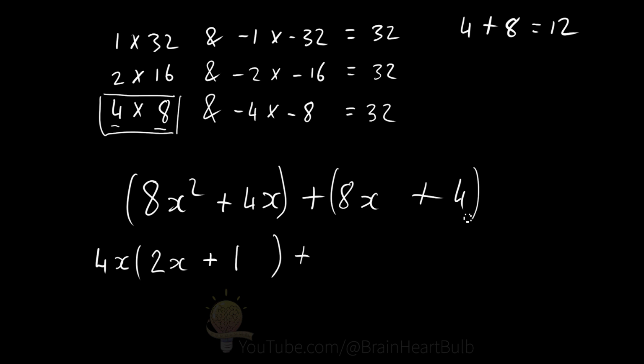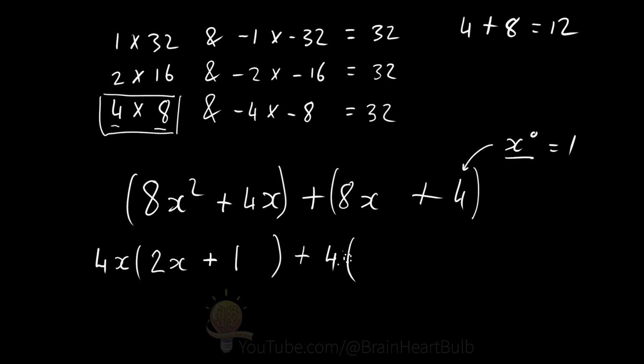We can find the highest common factor of 4 and 8, which is 4. And because effectively this 4 is multiplied by x to the power of 0, our highest common factor in the x terms is x to the power of 0, which is equal to 1.